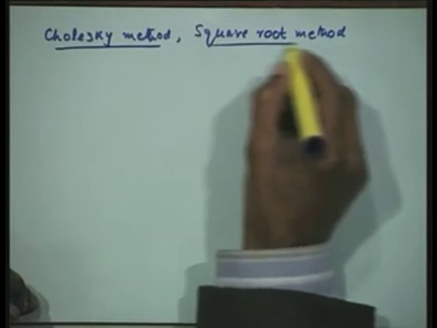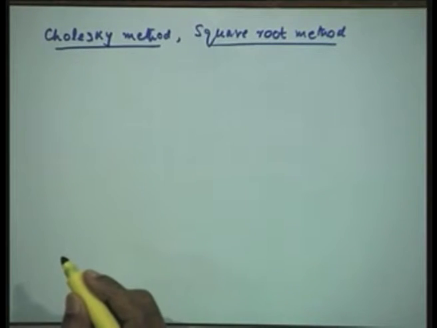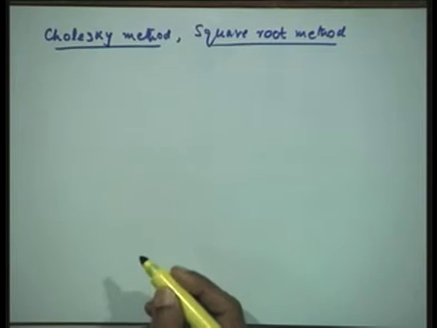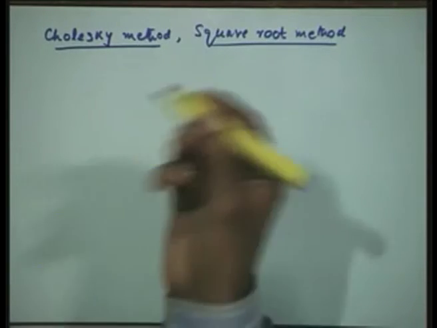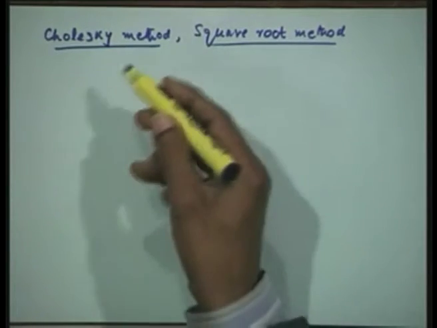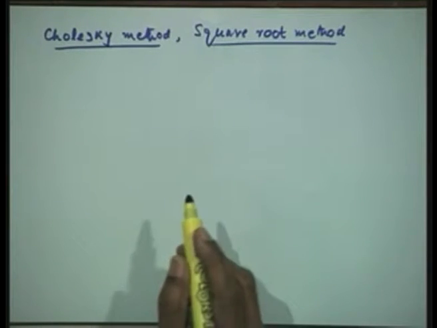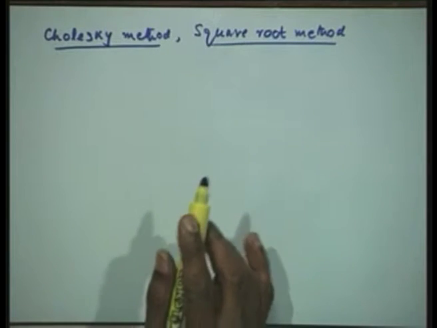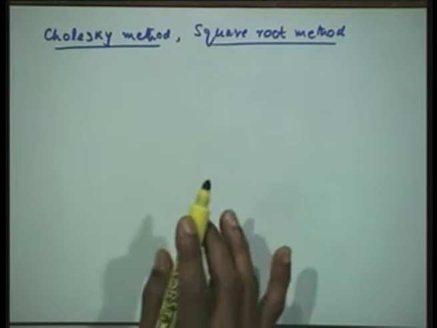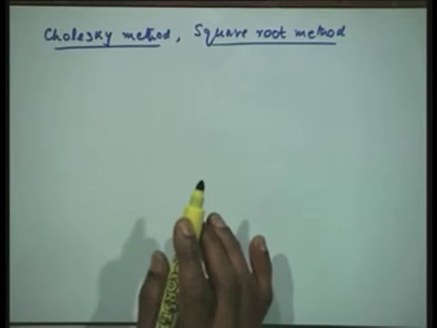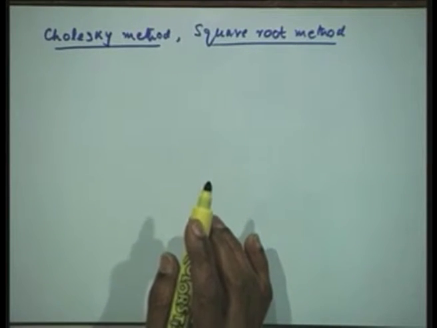The method was actually derived in two different places at the same time, in different countries. That is why the names Cholesky and square root method have come, but they were derived almost at the same instant of time, and published around the same time.